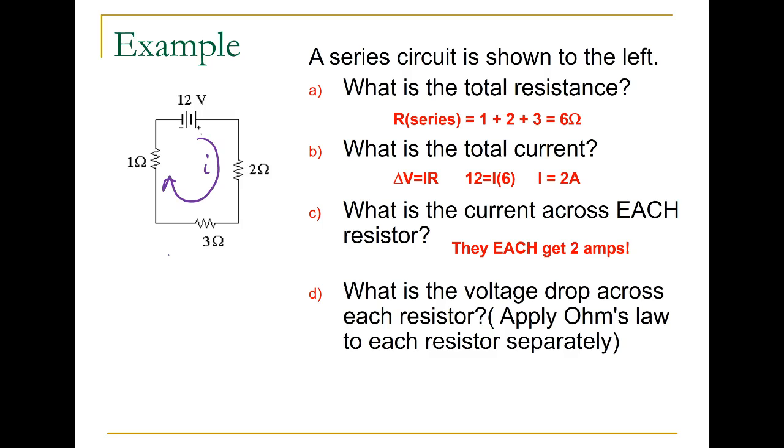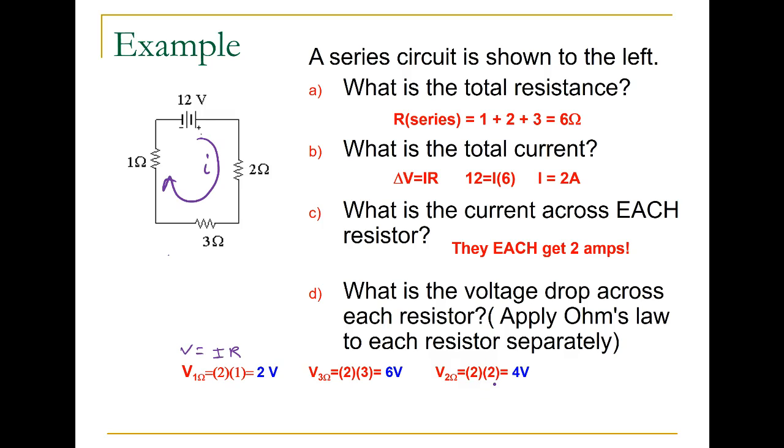And finally, what's the voltage drop across each resistor? For example, V2 would be the voltage drop across the 2 ohm. And it turns out that you just multiply I, which is 2, times R. So the 1 ohm resistor gets 2 times 1, the 3 ohm gets 2 times 3, the 2 ohm gets 2 times 2.